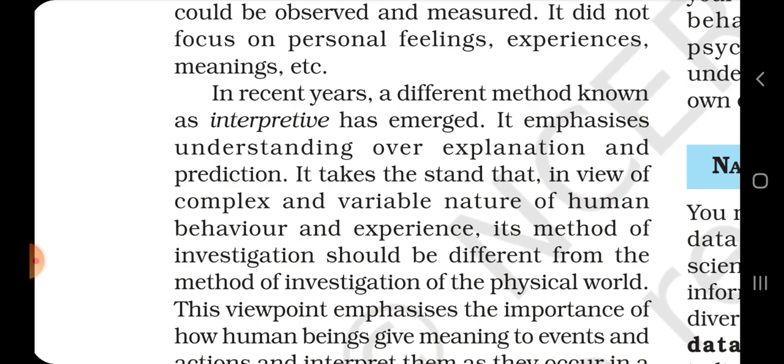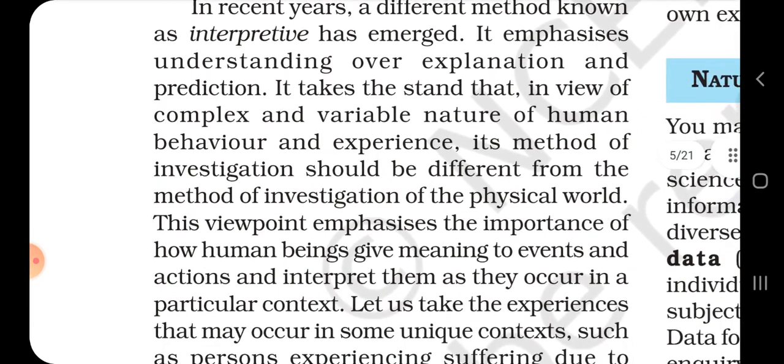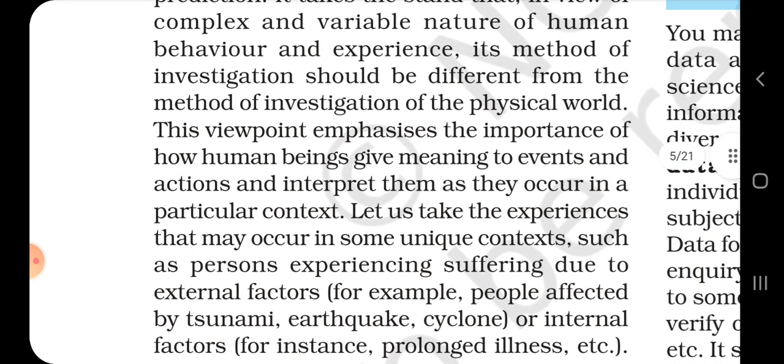This viewpoint emphasizes the importance of how human beings give meaning to events and actions and interpret them as they occur in a particular context.